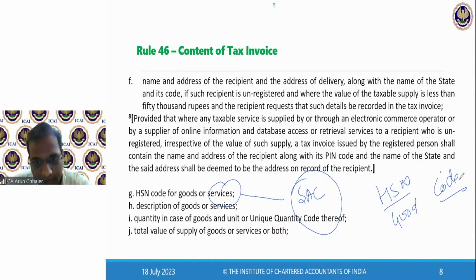We will discuss how much digit is to be reported on the invoice based on the aggregate turnover. We will discuss in some time.